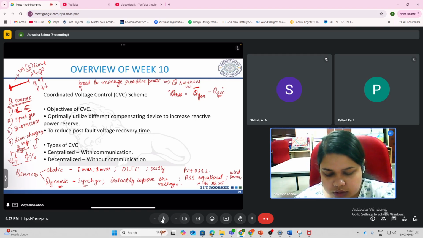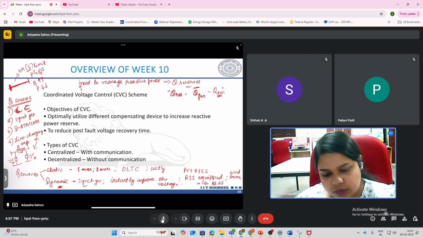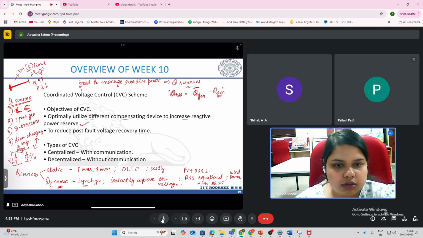Since I said that dynamic sources can be activated in a short period of time, what we do is try to maximize these reserves so that whenever there is a contingency in the system, these can be activated instantly. Here we optimally utilize the different compensating devices to increase the reactive power reserve.